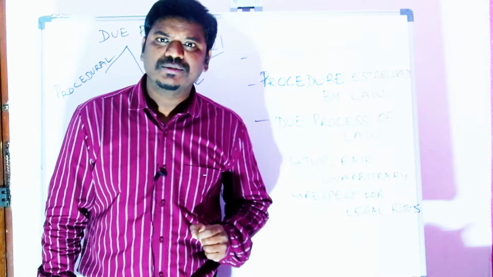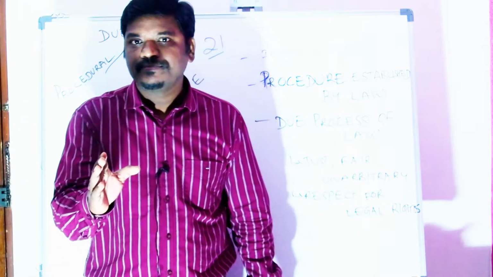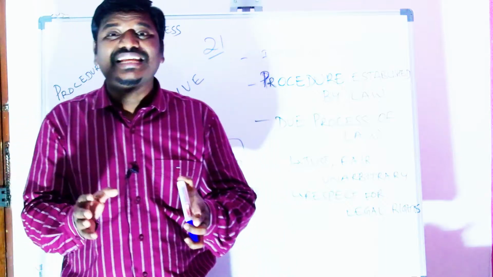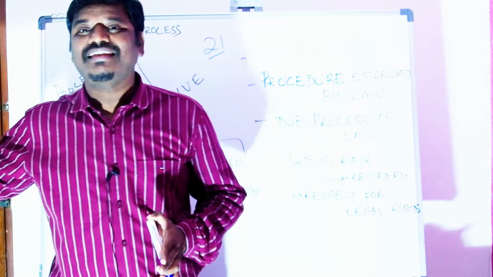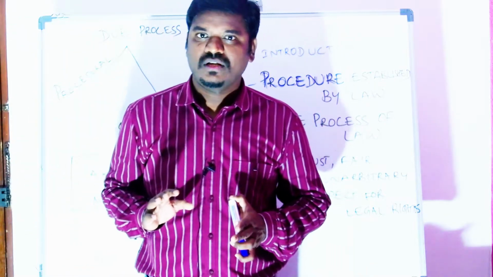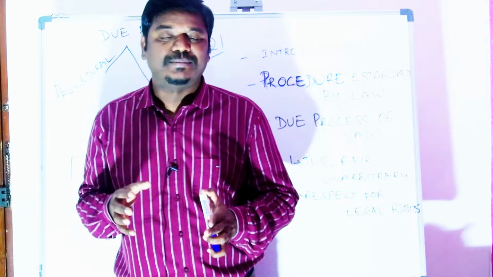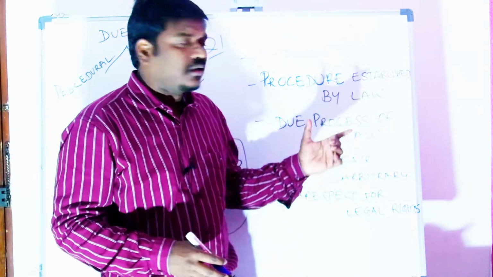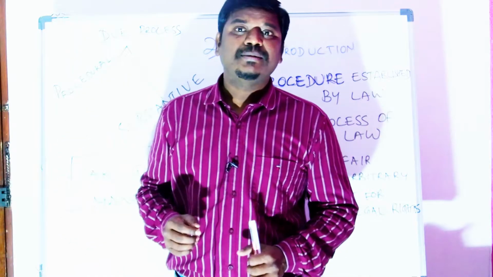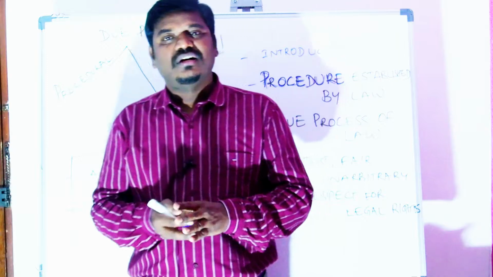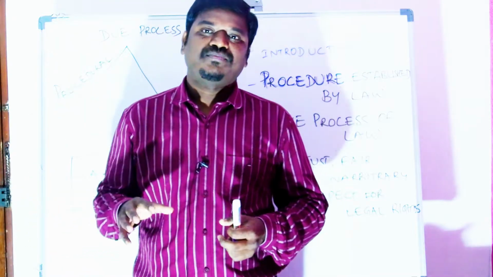First and foremost, there should be a law. There should be a legislation passed by the competent authority. What do you mean by a legislation by the competent authority? In the Constitution, we have under Schedule 7 three heads: union list, state list, concurrent list.